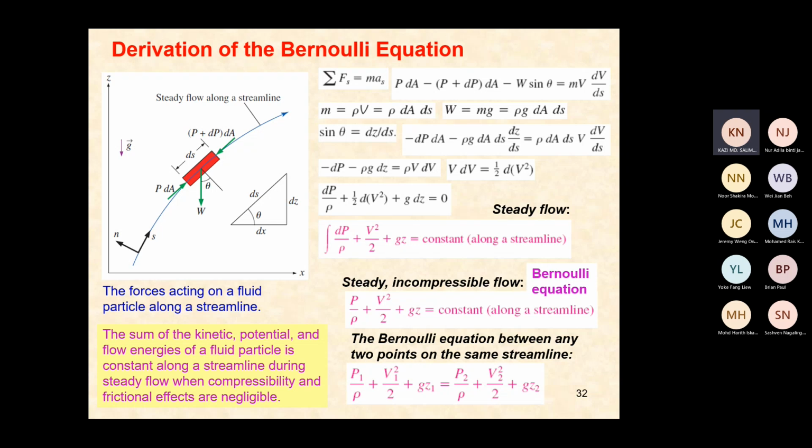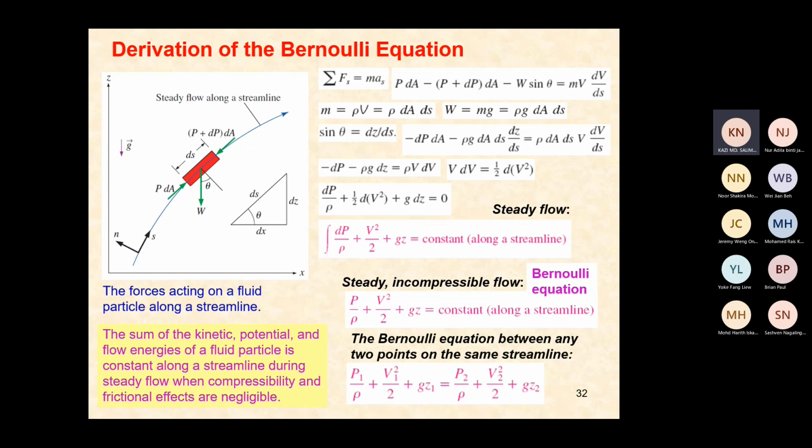Then the integration of dp by rho plus v squared by 2 plus gz is equal to a constant, because the half is taken to the right side. If integrated, d(v squared) integrated leaves v squared by 2, and then plus gz, that is the constant along a streamline.